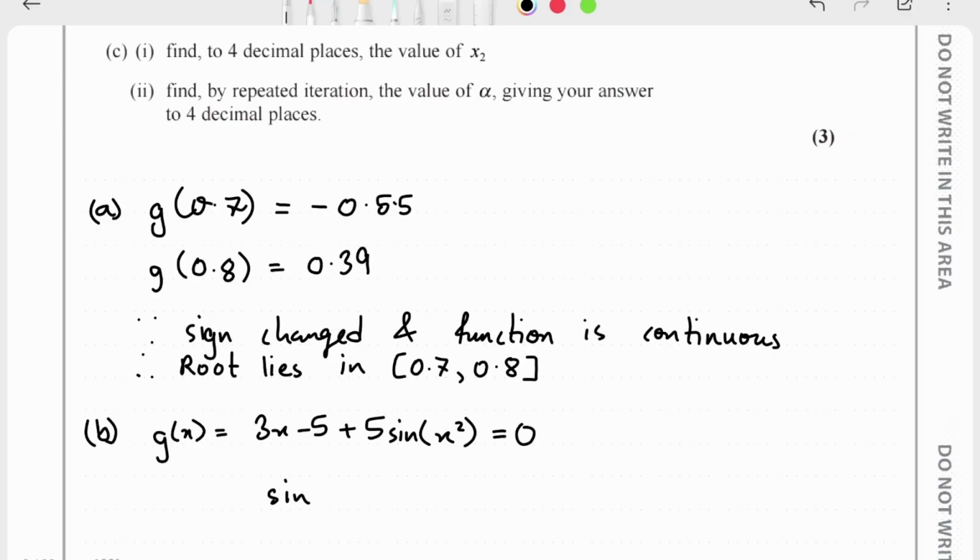So sine of x squared becomes 5 by 5 minus 3x by 5.